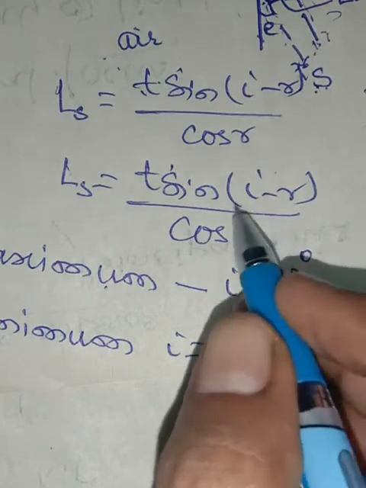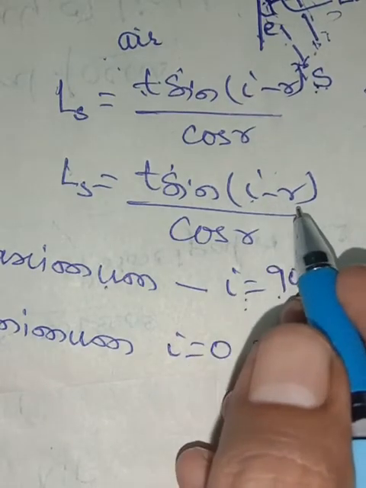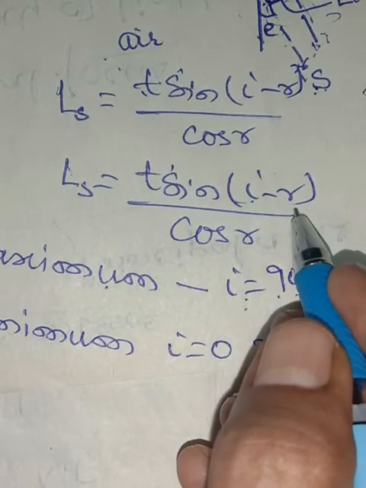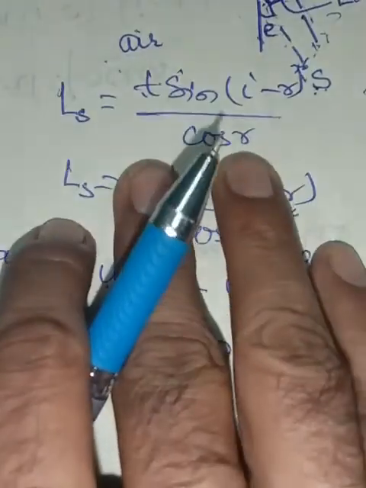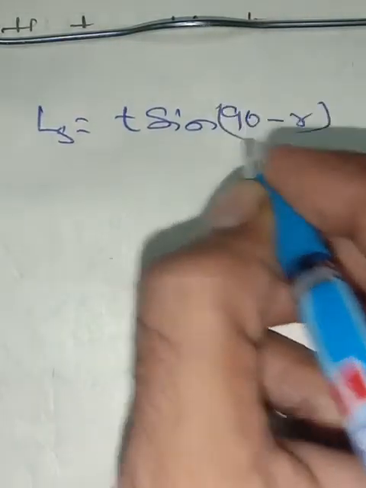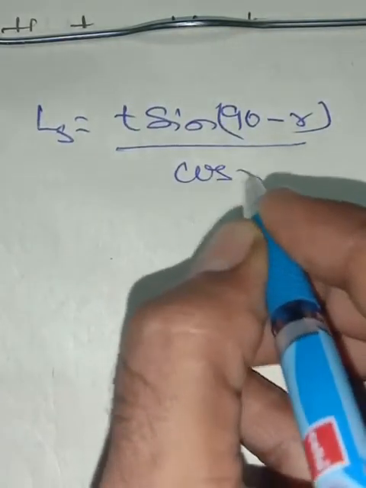Incident angle है I का value कितना है? 90 and 90 minus R. Okay, so I will just explain here once again. You see, lateral shift is given by T sine of 90 minus R divided by cos R.